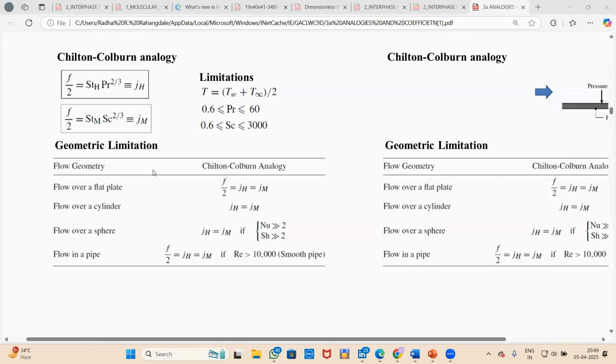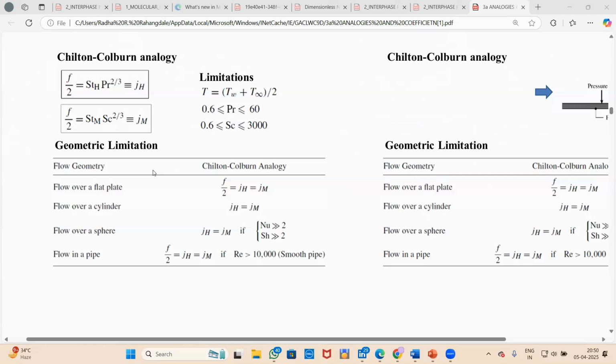So now the question is why. Why is there such a discrepancy? Why have we not written the Chilton-Colburn analogy as f/2 = JH = JM for each and every geometry? The reason behind it is the exposed area. For a flat plate, the exposed area is the surface, the interface which you are using, so for that you can write f/2 = JH = JM.